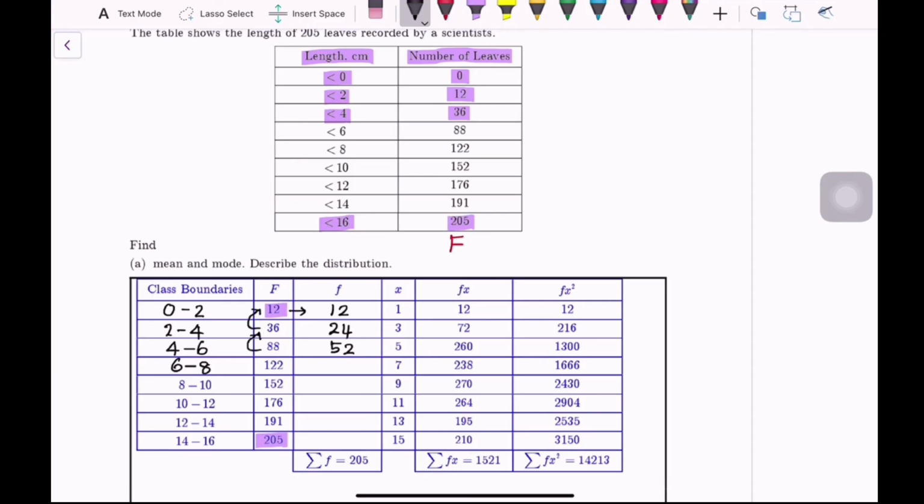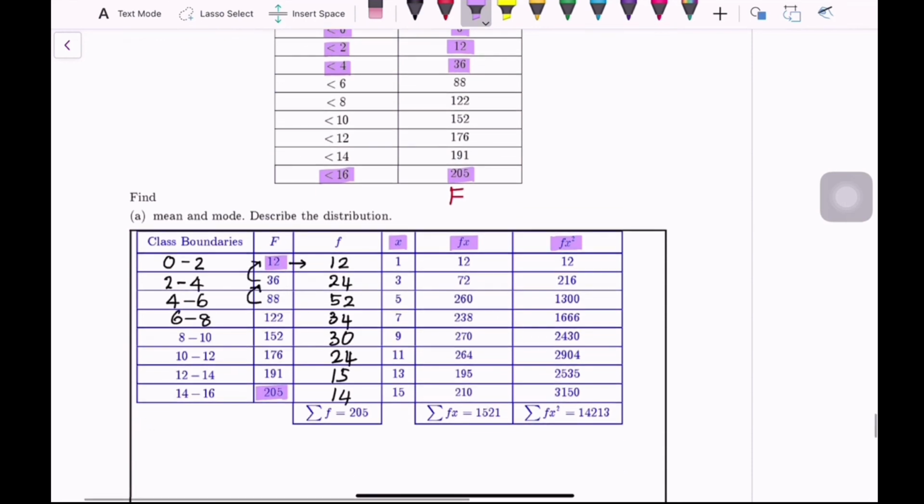We do the same way and then we get the frequencies 34, 30, 24, 15, and 14. Then we determine the class mark, f times x, and f times x squared. Then we total up the sum of frequency, sum of fx, and sum of fx squared.